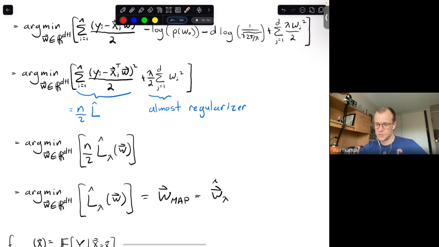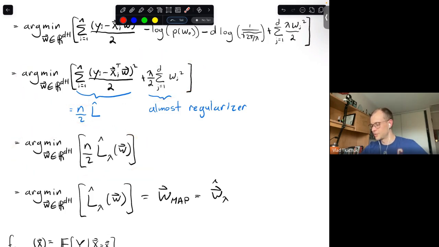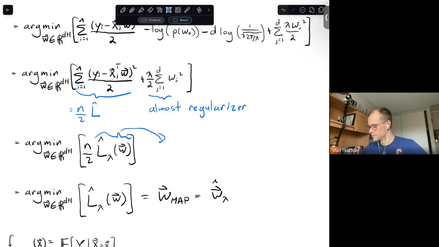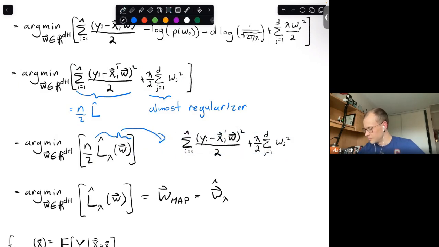Okay, and then there's another question, which is how do you get from the almost regularized step to the regularized step? Which is this step to this step, I assume. I got from there to there simply by looking at the definition of L hat of lambda. If I looked at this guy, I would find that its definition is exactly the same as this, except it has a 1 over n here.